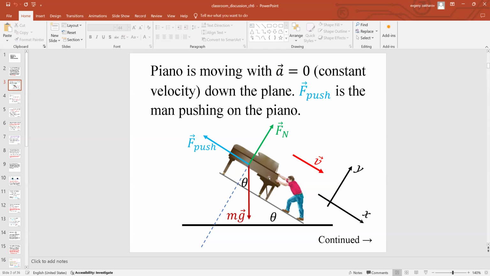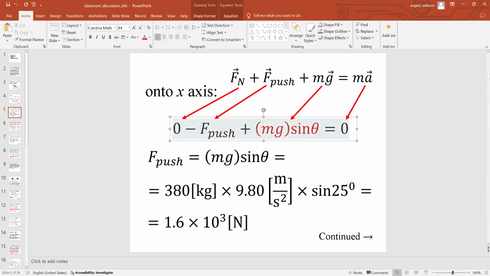So we're talking about the side that is opposite to theta. And if it's opposite, then it is the sine function. So gravity produces a positive component with the sine function. That's exactly what you see on this equation. And acceleration is 0 because it is given as 0 in the first place.